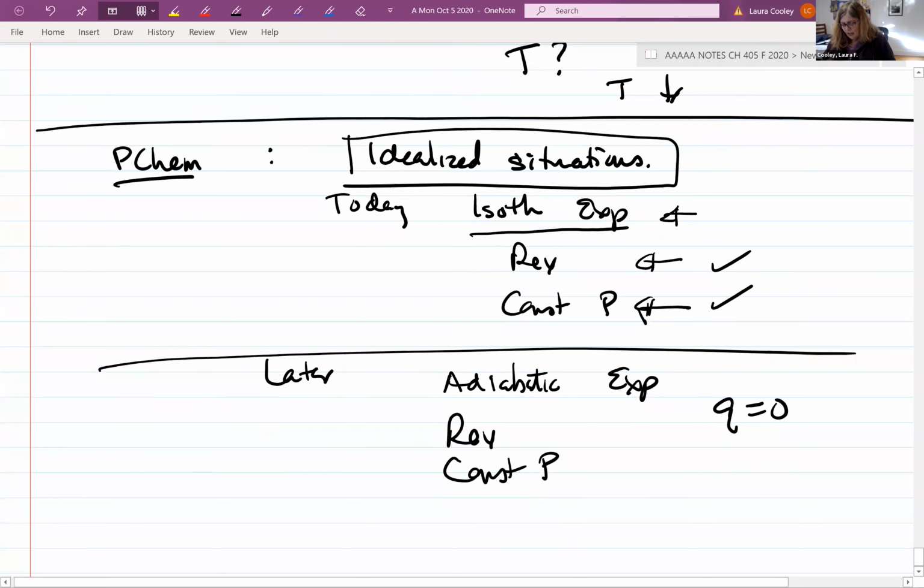It's almost like this is baby engineering, because engineers have to deal with real situations, and they're not going to have reversible or constant pressure necessarily. They're going to have situations that are very in between.